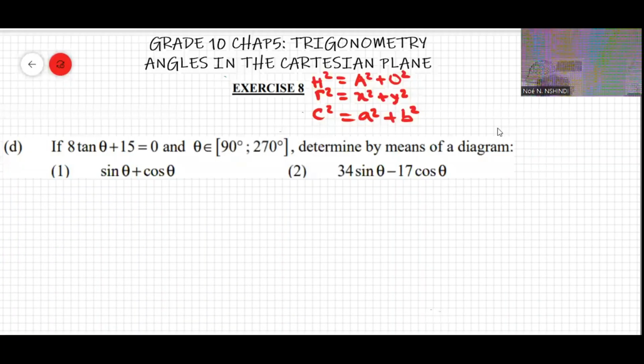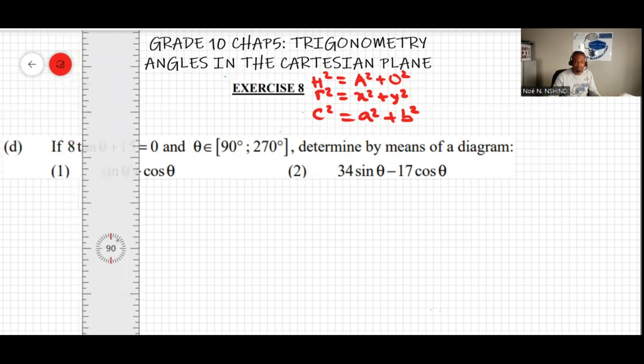Well, we have another question here, question D. The question says that if 8 tan theta plus 15 equals 0, and theta is between 90 and 270 degrees, determine by means of a diagram sin theta plus cos theta, 34 sin theta minus 17 cos theta. Now, the condition is that theta is between 90 degrees and 270 degrees.